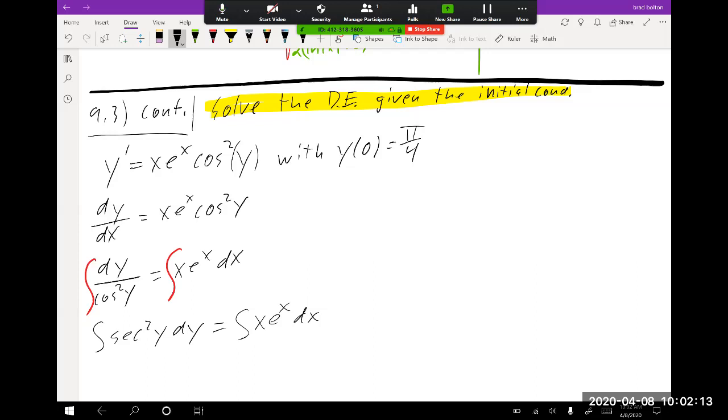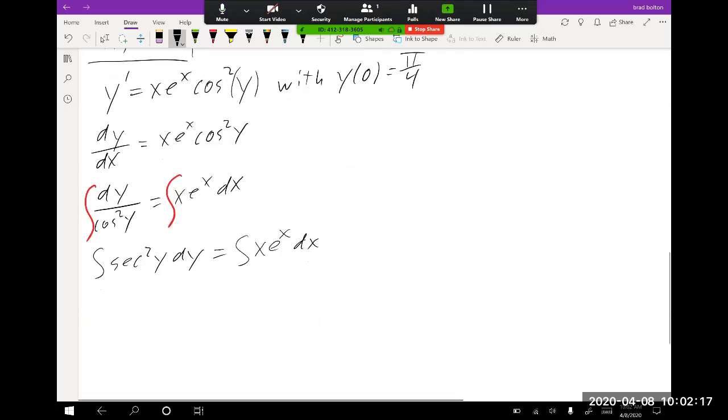Thank you, Dr. Hughes, for calling it ultraviolet voodoo. That's a good way to remember it. So now we know that the integral of secant squared y is actually what? Well, isn't it just tan y? So that is just plain old tan y. However, this guy right here, we're going to have to do integration by parts.